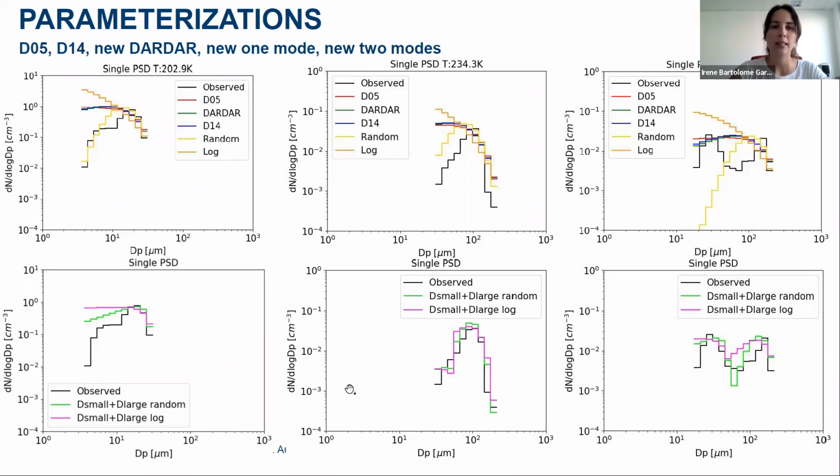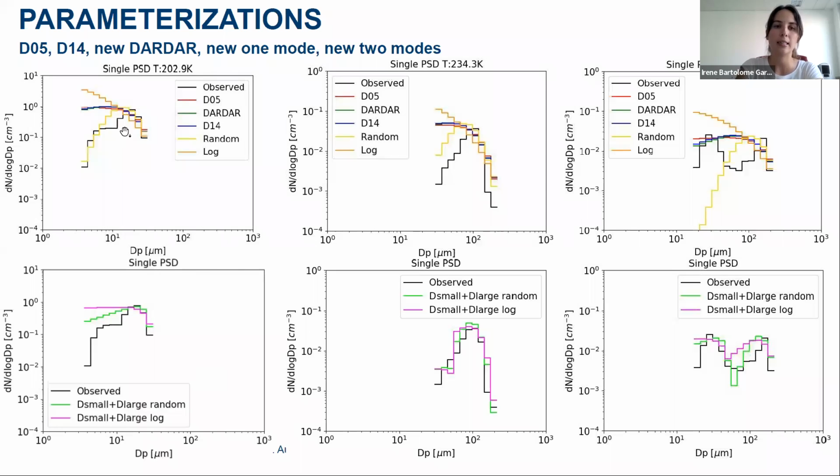Here in the next slide, you see again single PSDs. The observed ones are in black. This is for different temperatures, around 200 Kelvin and around 234 Kelvin. The first row corresponds to all the one-mode parametrizations, and the second row corresponds to the two-mode parametrizations.